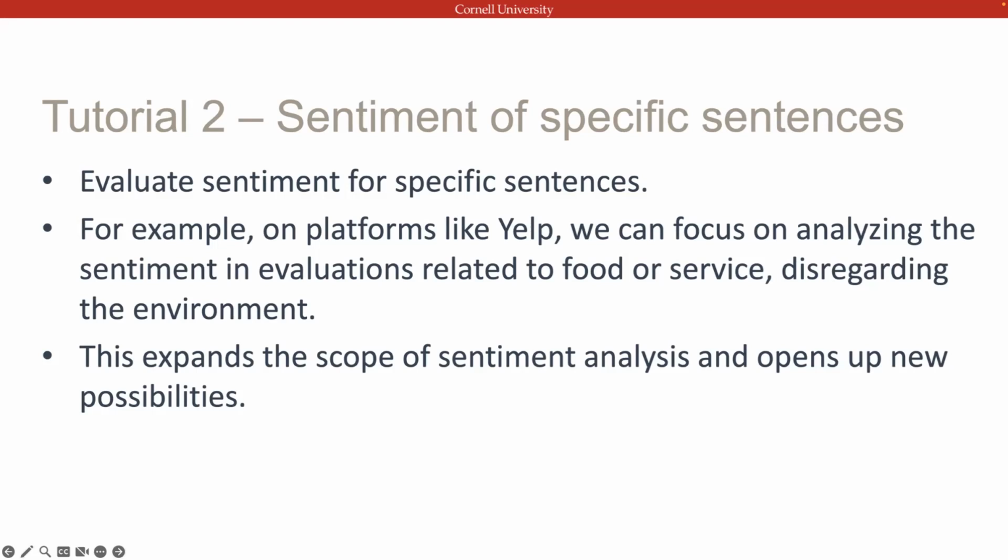So for this method, I think it allows us to ask more specific research questions, right? As some of you previously mentioned, you don't like the fact that sentiment analysis normally only tells you whether it is positive, neutral, or negative, or how positive or how negative.